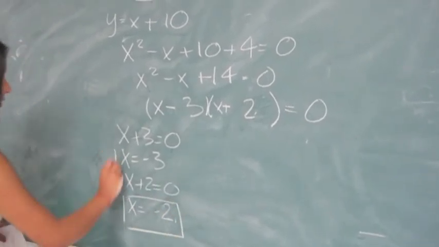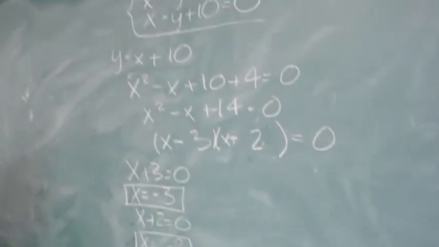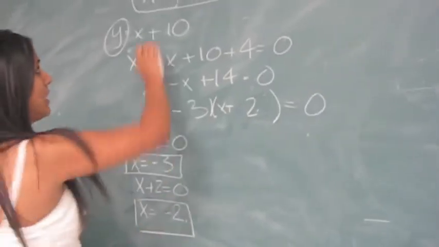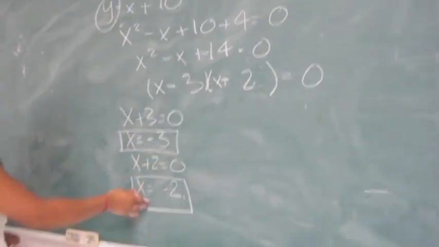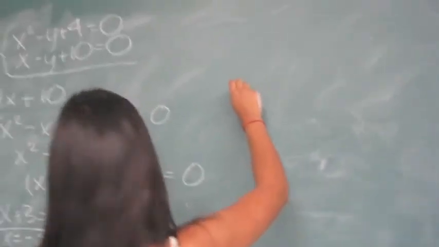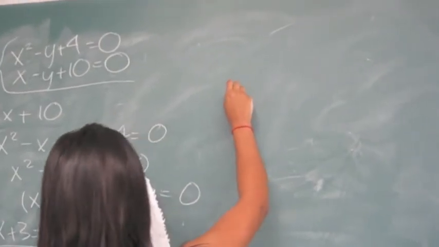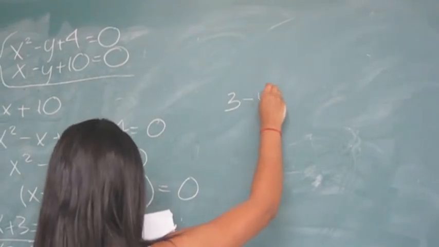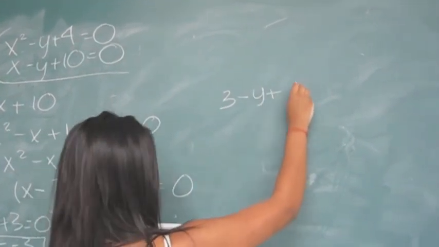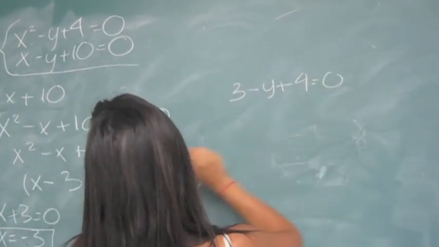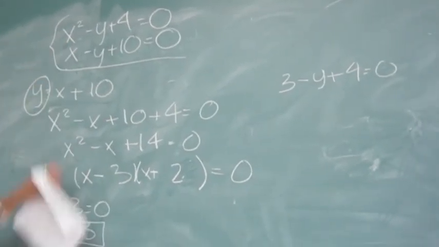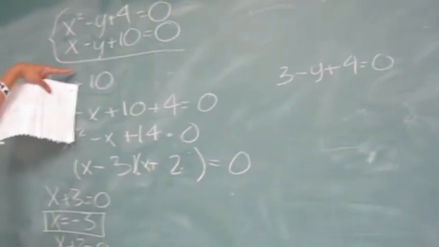But now we are missing the variable y. And we can now substitute the x with the already solved variable. So all you do is the following: minus 3 minus y plus 4 equals 0. Here we are doing this polynomial first. We substituted x, no, I'm sorry, this, yes, this.